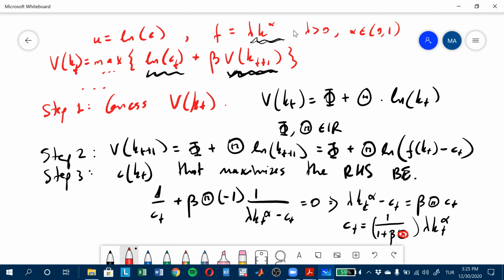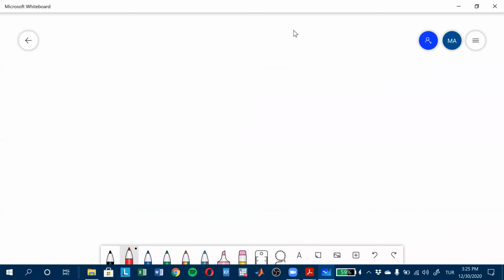But now I can check. So step 4: write the Bellman equation. Now I have phi plus theta ln K_t on this side.